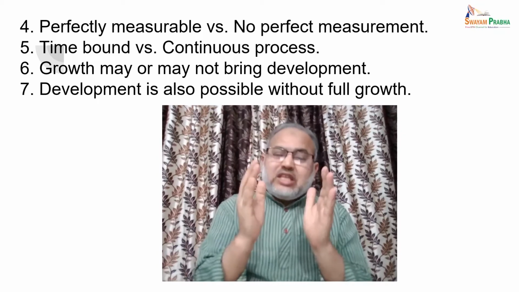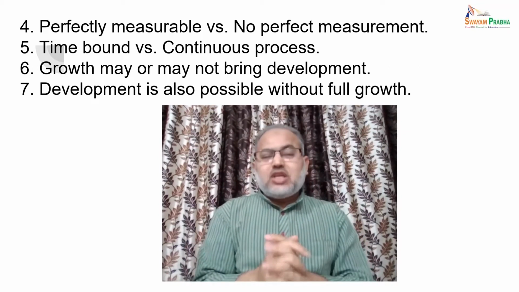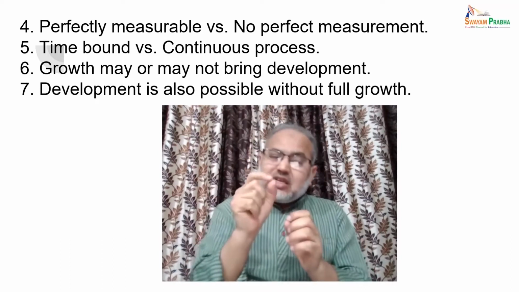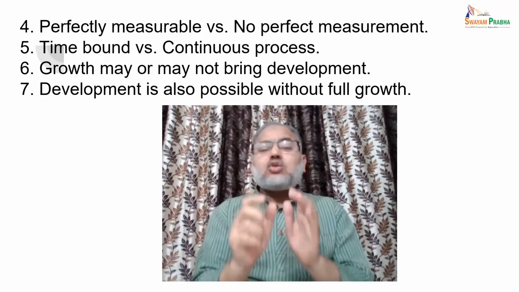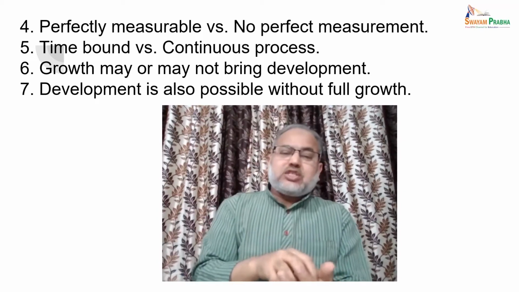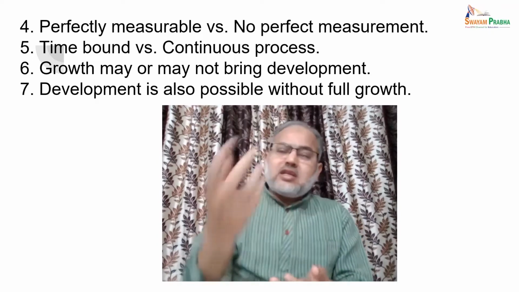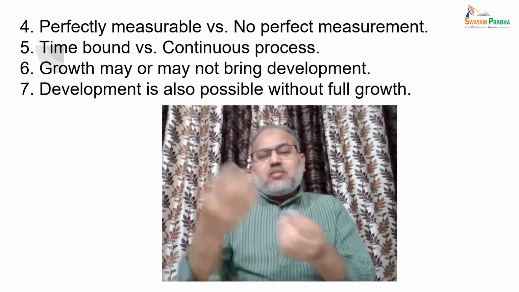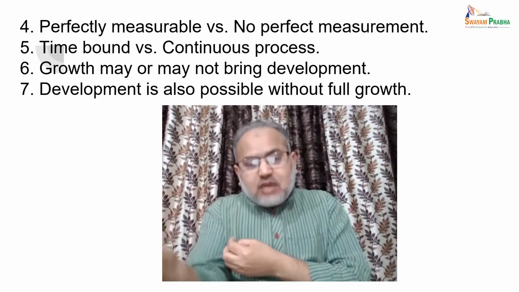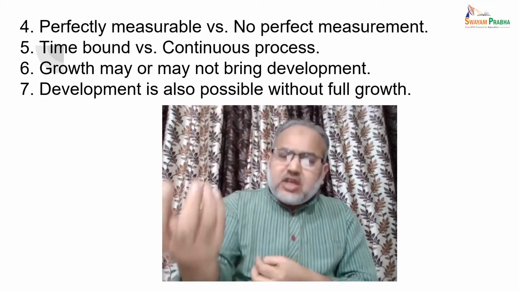For example, the intelligence of an individual cannot be observed directly. You will have to take an intelligence test, and that intelligence test too does not measure with perfection. At some point of time, the same intelligence test will give you 120 IQ for the same child, and at another time, the same test by the same child will give you 118 or 110 or maybe 130 IQ.